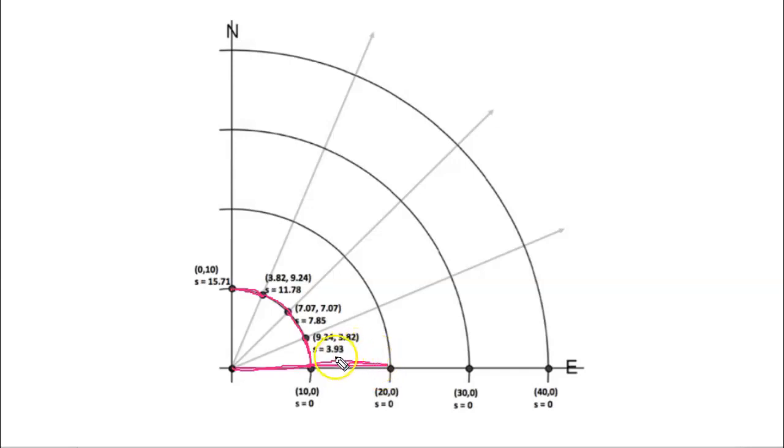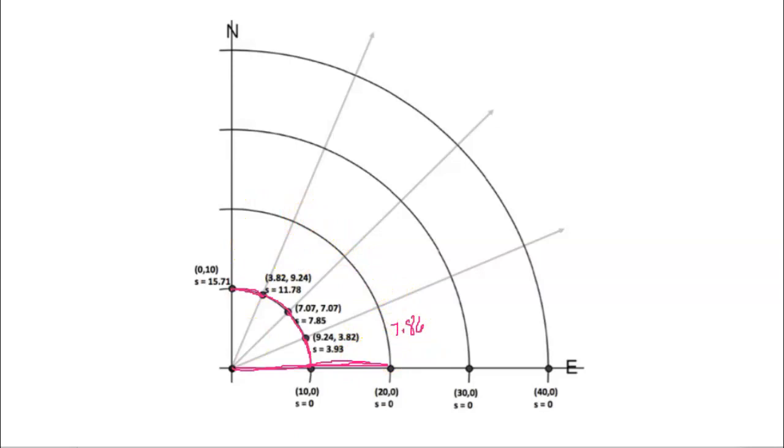So that means if this one had an arc length of 3.93, the next one should have an arc length of twice that, which would be 7.86. And then again, we just know that we are going around the circle in pieces that are 7.86.